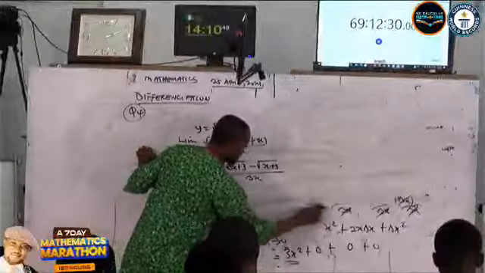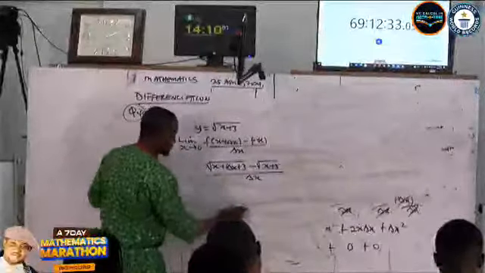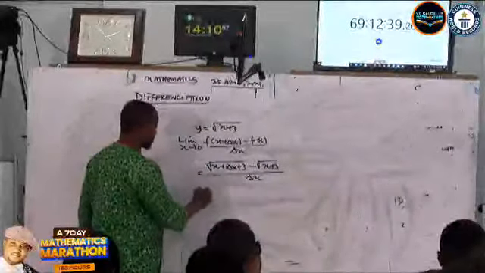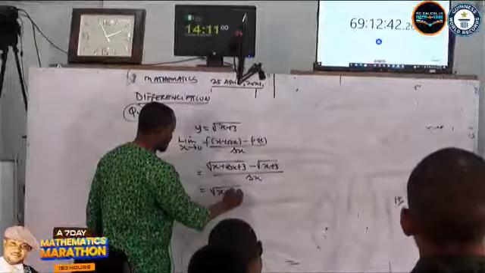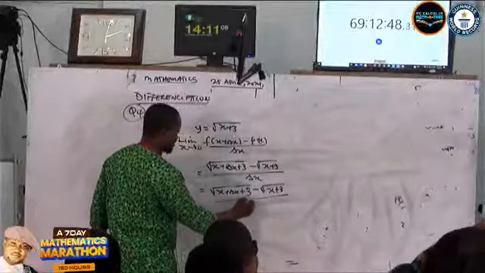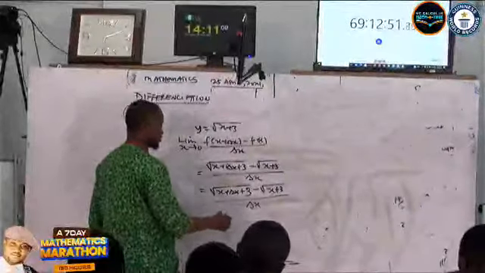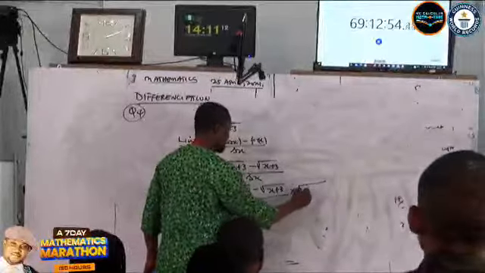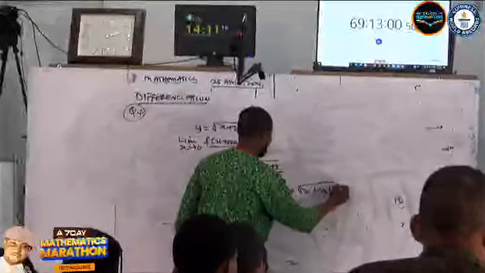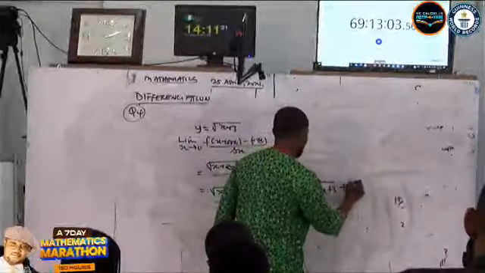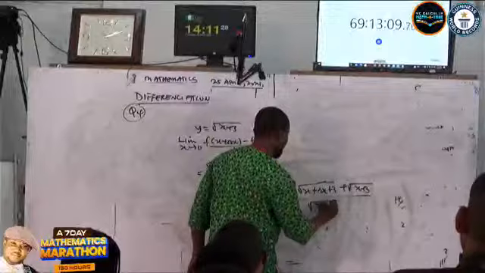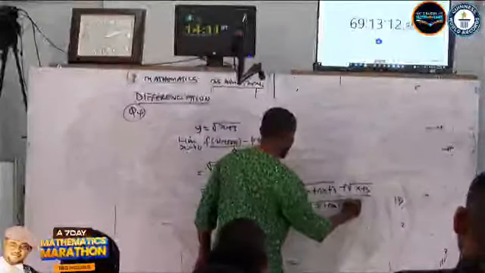So from there, you rationalize. When I rationalize, this will now equal the root of x plus change in x plus 3 minus the root of x plus 3, divided by change in x, multiplied by the conjugate: the root of x plus change in x plus 3 plus the root of x plus 3, divided by the same.